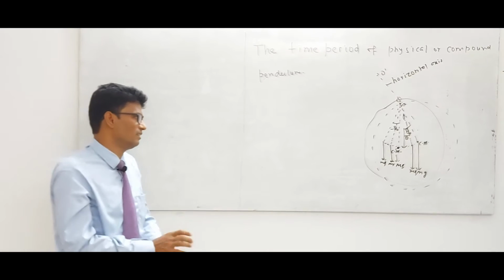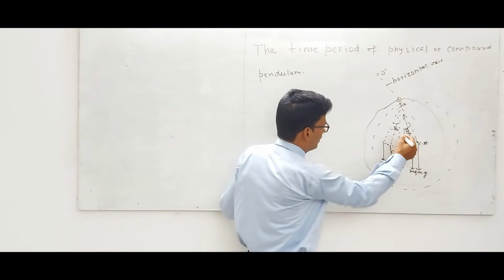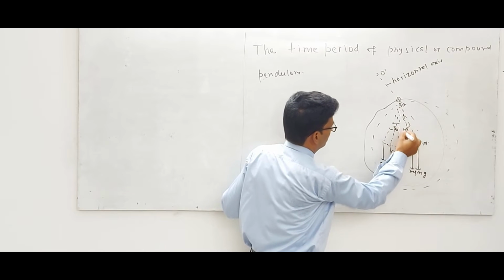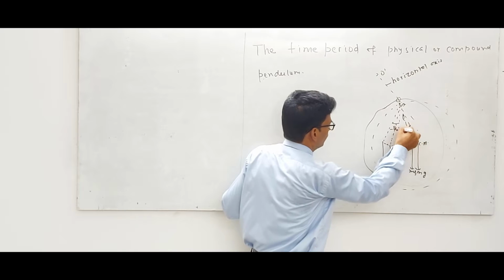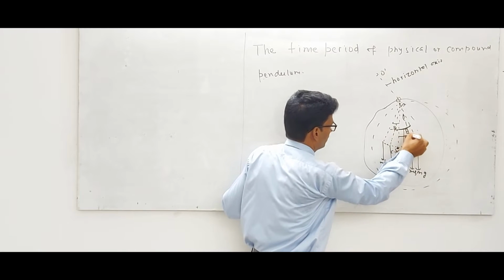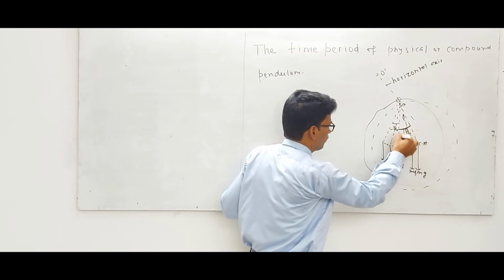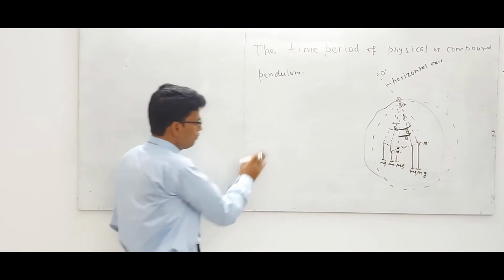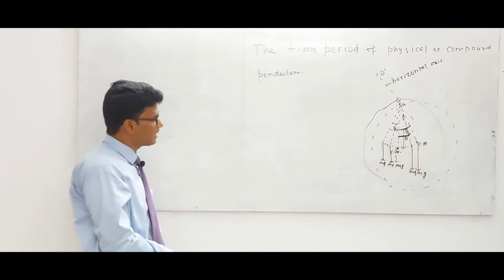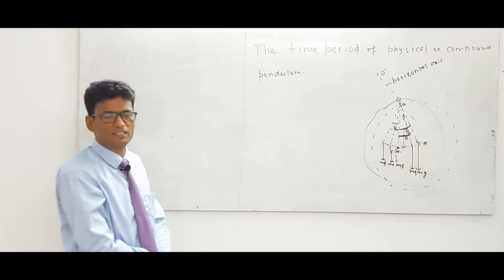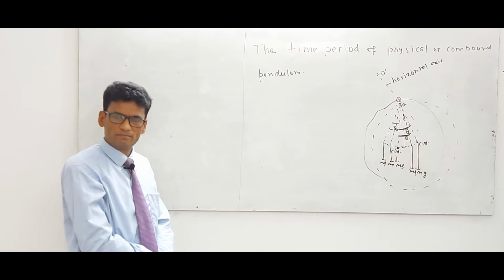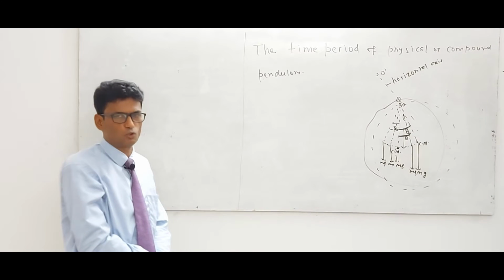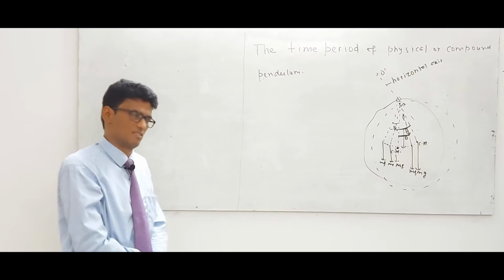So we consider the body at an angle theta from the vertical. So here this is theta. Look here, the angle has been measured from the vertical, theta. So the torque of all the forces acting at the suspension point by the material by which the body hangs comes out to be zero.